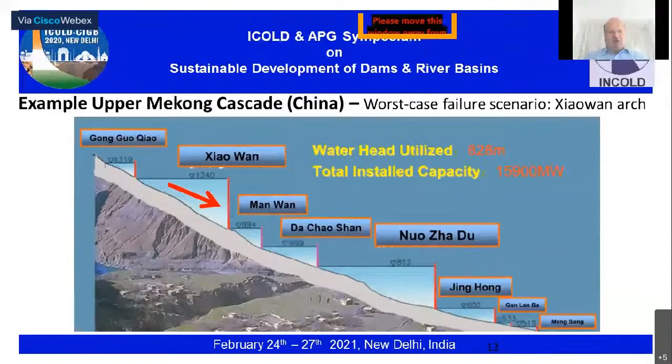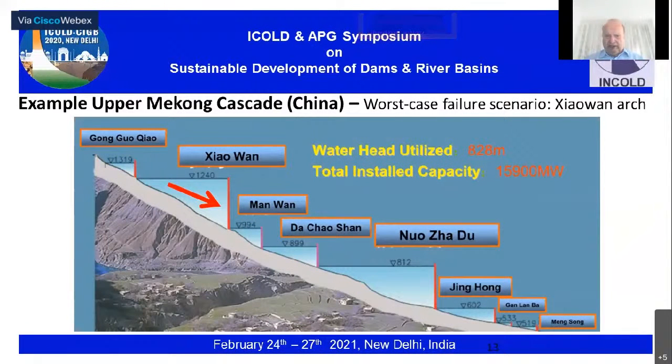Here I'm giving a short example of a cascade of the Upper Mekong River in China, and I would like to discuss what the worst failure scenarios are. It is obvious in this cascade consisting of several large dams that if this dam fails here, it's a large reservoir, this Xiaowan Dam, it will overtop all the other dams. The Xiaowan Dam is a concrete dam, whereas here Nuozhadu Dam is also a very large project.